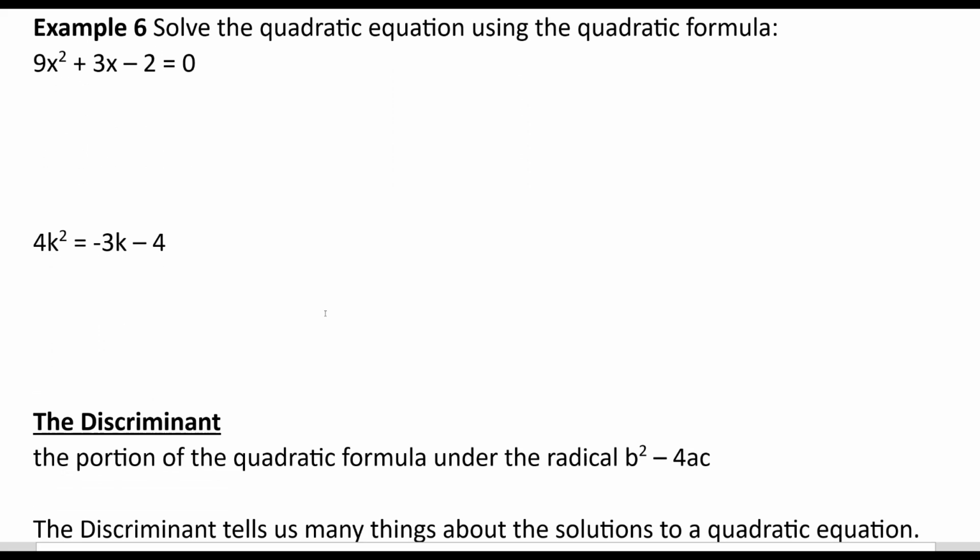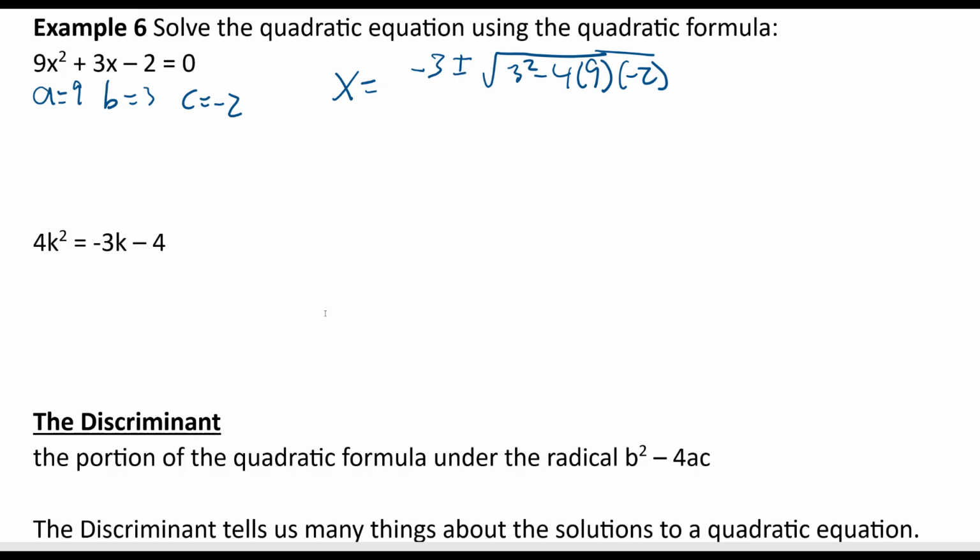So let's go ahead and try that with this problem. We have two problems here. First thing to do is identify what our a, b, and c are: a is 9, b is 3, and c is negative 2. So the quadratic formula says negative b, that's 3 in this case, plus or minus the square root of b squared, so that's 3 squared, minus 4 times a, which is 9, times c, which is negative 2, all over 2a, and a is 9 again.